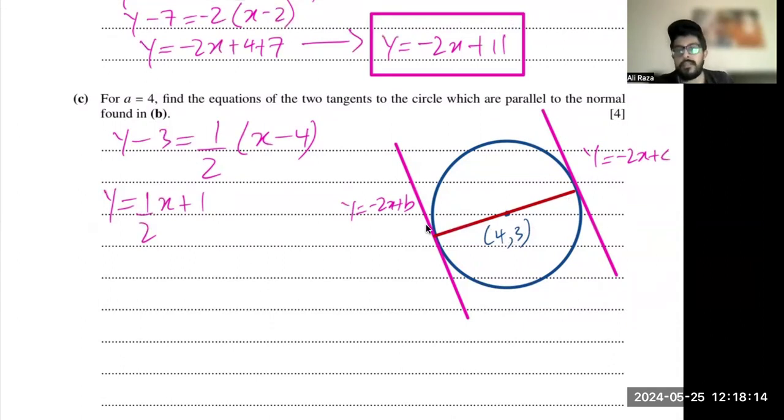Now we can substitute or simultaneously solve this diameter equation with the circle equation to find these 2 points.